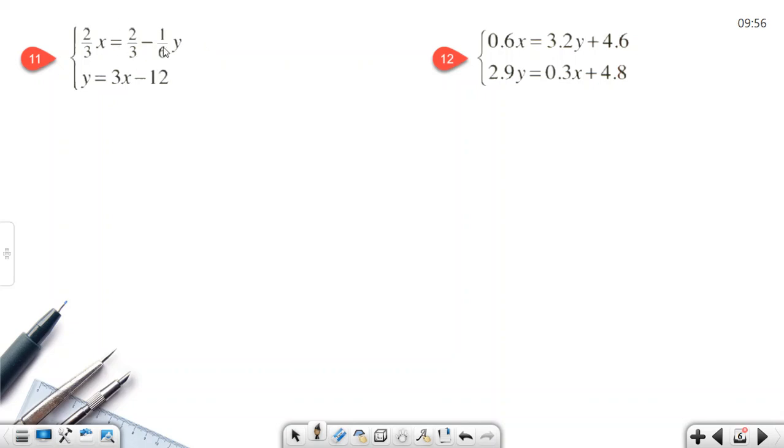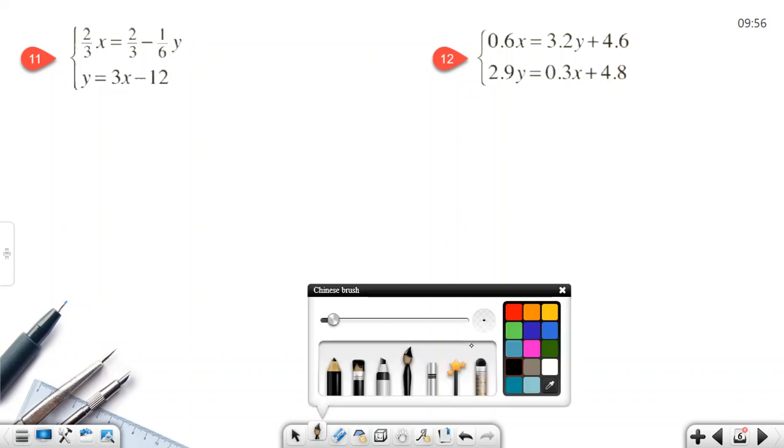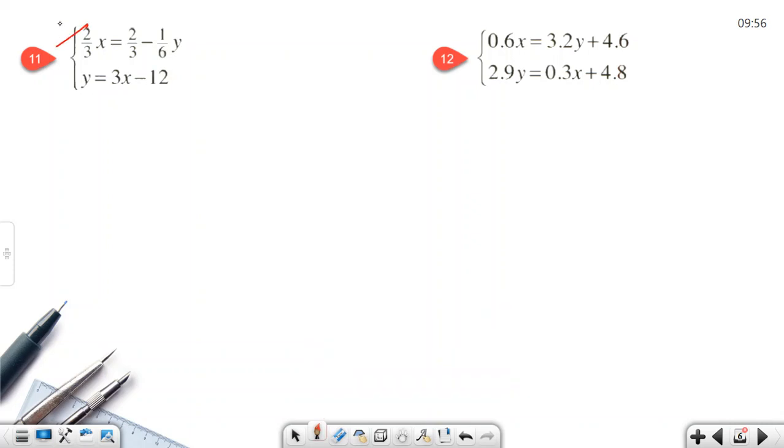So let's solve the first question, 11. As you see, 3, 3, 6. If I multiply all these fractions by 6, the denominators will cancel. If you multiply the first one by 6, 6 divided by 3 is going to be 2, and 6 divided by 6... the least common multiple is 6.